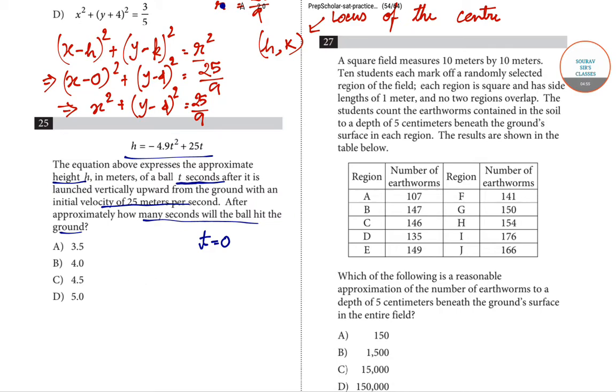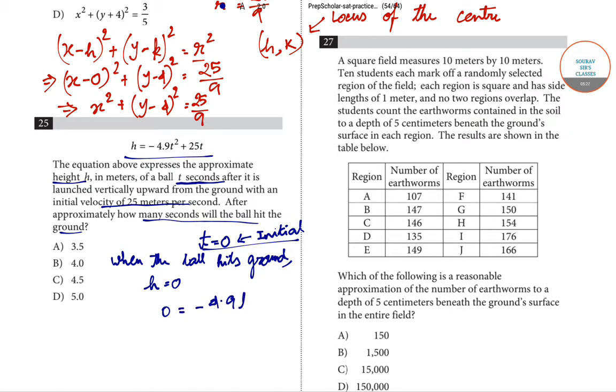At that case h will be equal to 0, that means its height is 0. So putting the value of h as 0, we get 0 equals to minus 4.9 t square plus 25t.